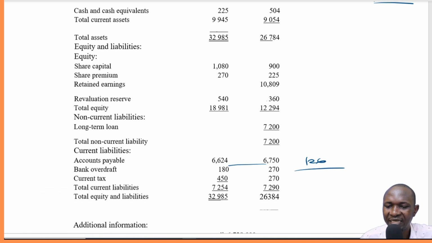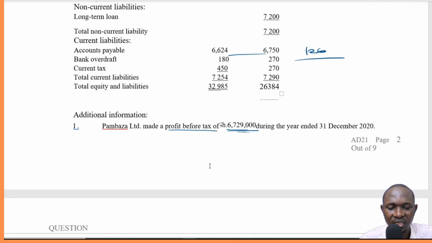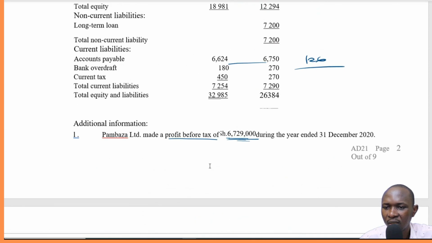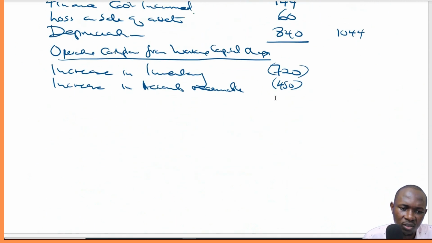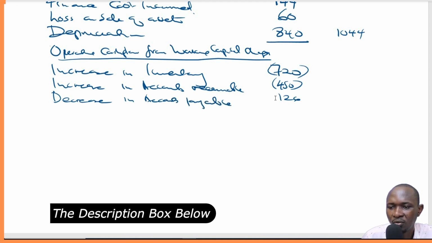So there's a decrease in accounts payable by 126, from 6750 to 6624. Decrease in accounts payable 126.